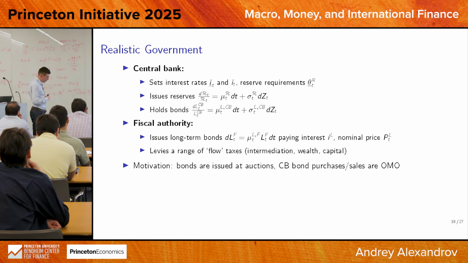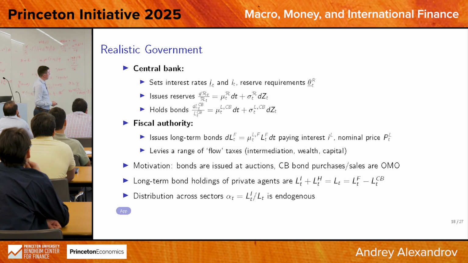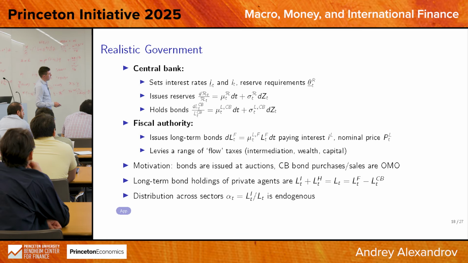More generally, it's fair to say that if you want to have any role for the central bank, you have to somehow constrain the fiscal authority, because otherwise you can do anything with taxes if you don't constrain them. So the long-term bond holdings of private agents, this L, is going to be whatever the intermediaries hold plus whatever the households hold, and that's whatever is issued by the fiscal authority minus whatever is held by the central bank.